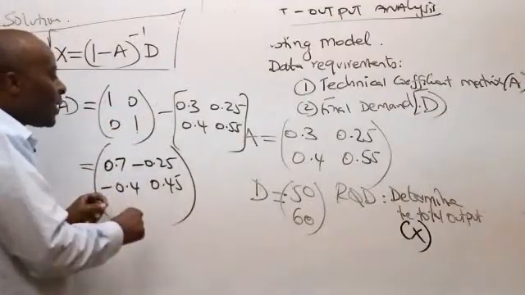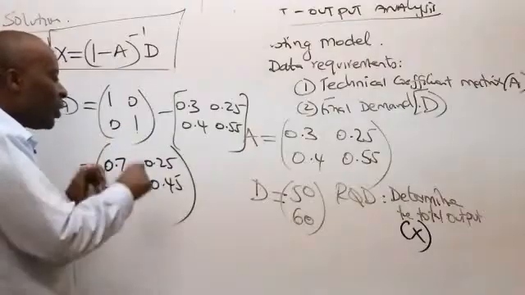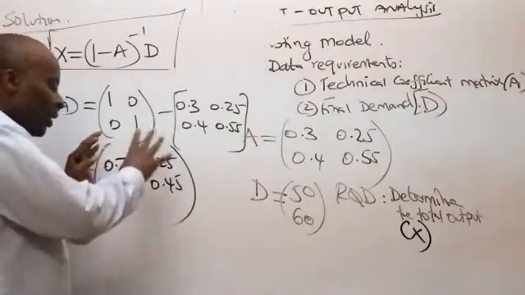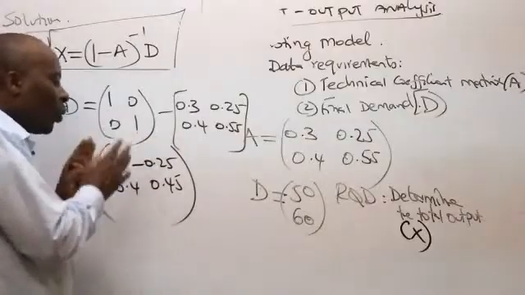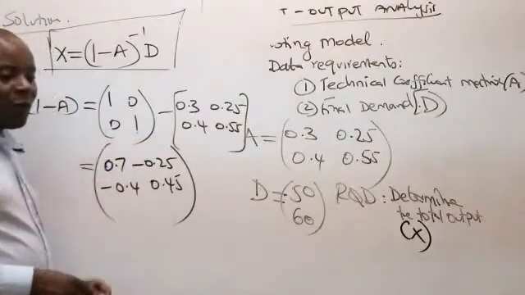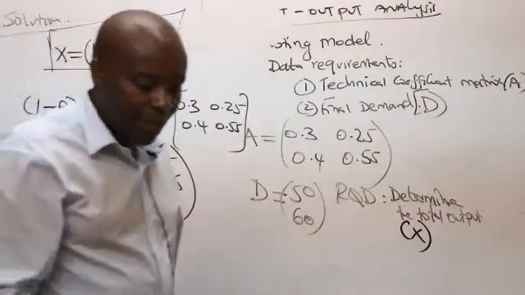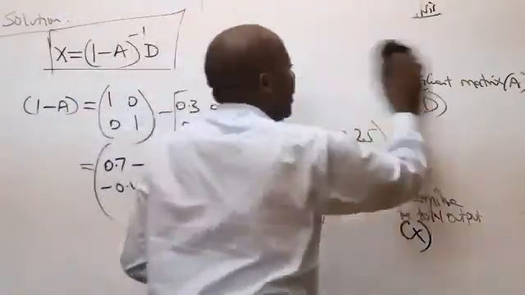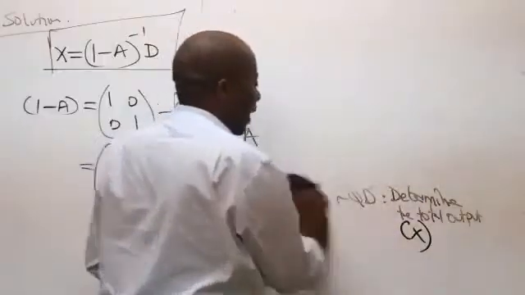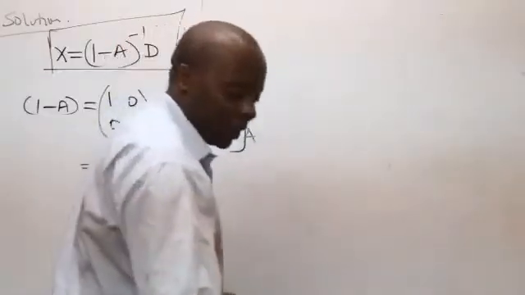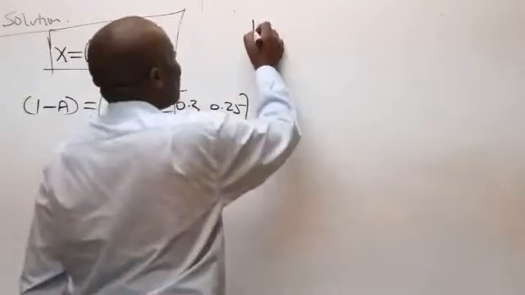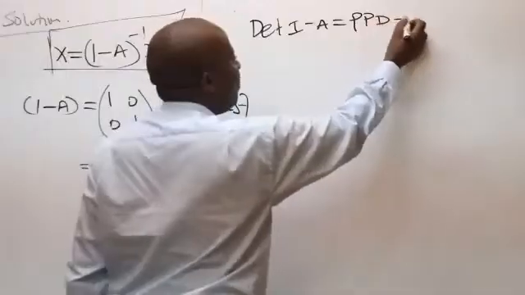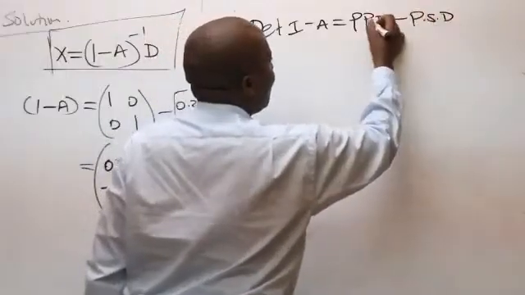So if that is the case, I would want you to do me a favor. In the inversion spirit, please come here and give us the determinant of I minus A. Remember, it is PPD minus PSD.